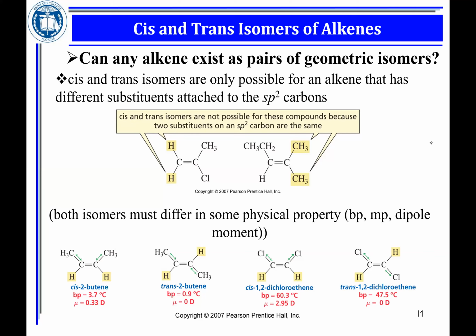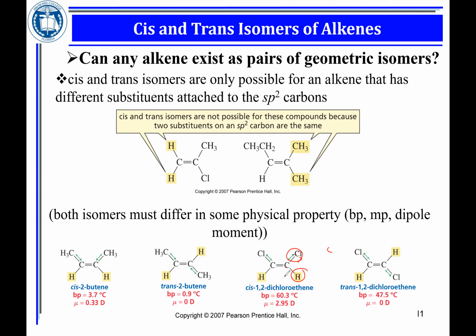So here are other examples of molecules that cannot have cis-trans isomers. But if you look at the ones with the chlorine, then cis-trans is possible, because the two groups on the same carbon are not identical. We are not talking about these two groups because they are on two different carbons. We are looking at the groups on the same carbon, and they are not the same. So it's possible to have cis or trans.